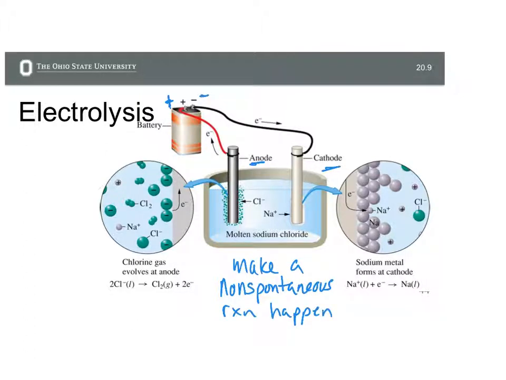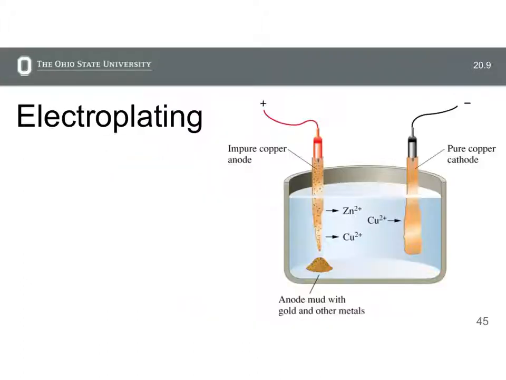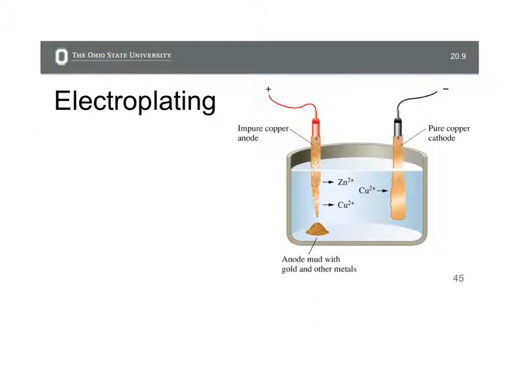If we needed to generate a large quantity of liquid sodium, we could do that with this, or chlorine gas, we could do that with this. Also, the process of electroplating essentially occurs in the same way.